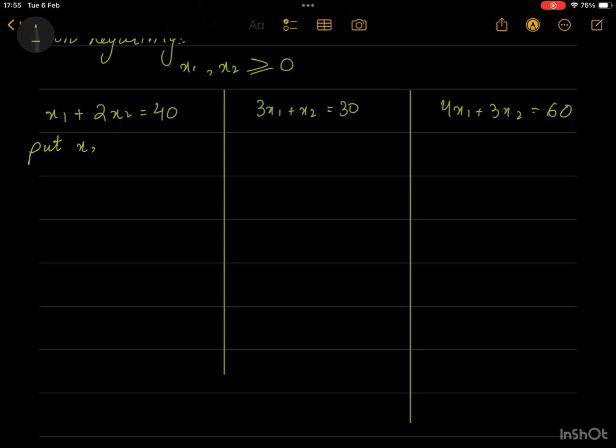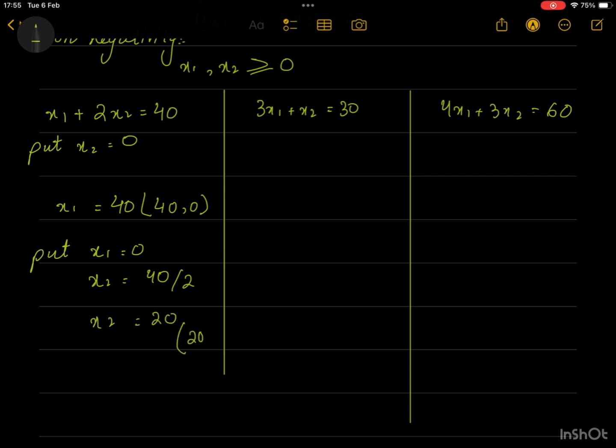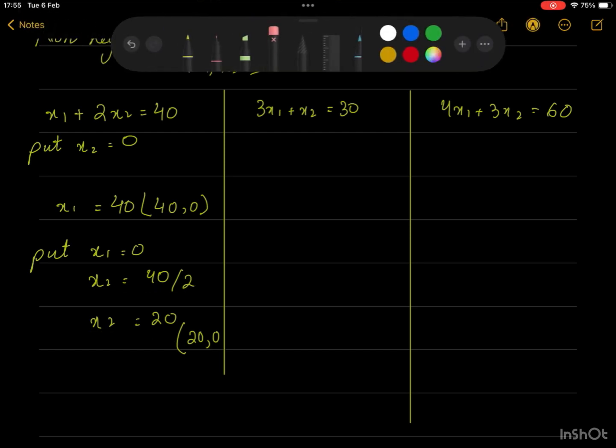We would first put x2 equal to 0 in the first equation. By putting x2 equal to 0, we would get x1 equal to 40 and the point would be 40, 0. Similarly, we have to put x1 equal to 0. In that way, we would get x2 equal to 20 and the point would be 0, 20. Actually, it's a mistake. Yeah, it would be 0, 20.